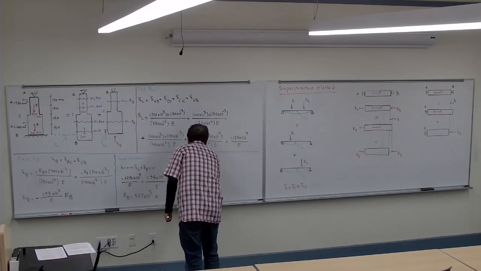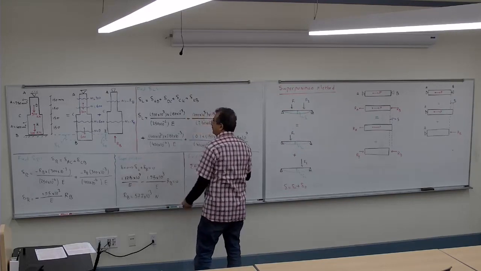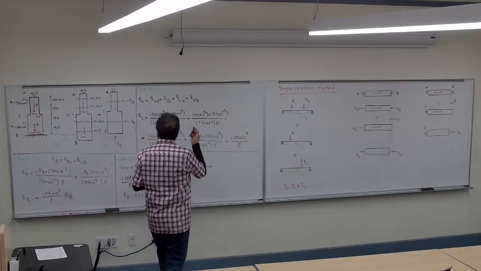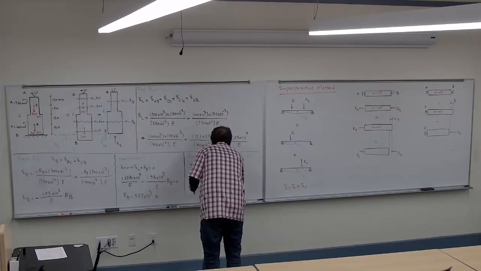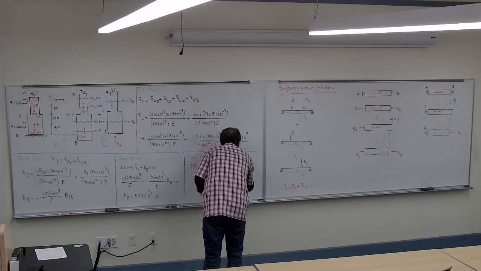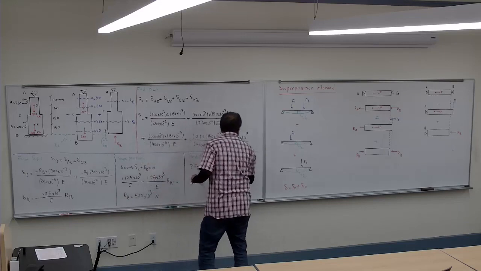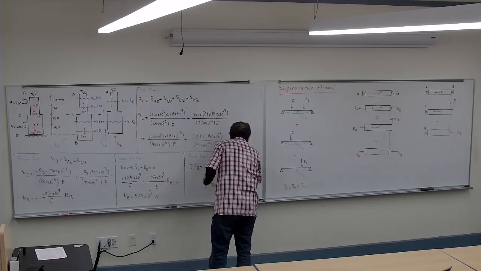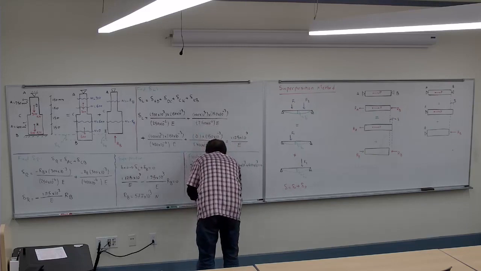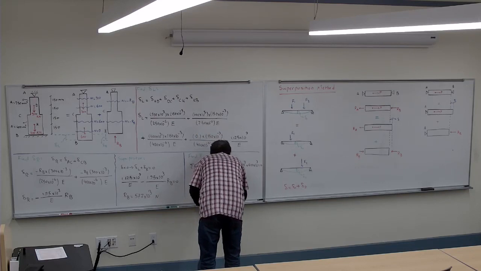So assuming both of them upward, it's going to be RA plus RB plus 300 plus 600 should be 0. So our RA would be 323 Newton.